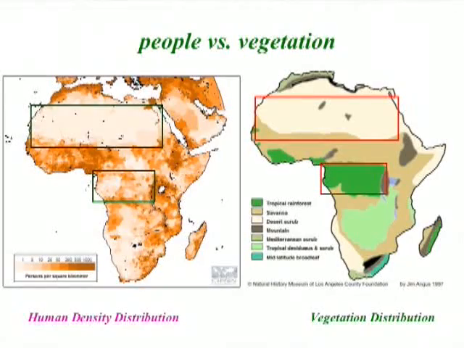In the Sahara, the desert area, which is about 25% of the continent's land, you have a low density of human beings. And if you put the people and the vegetation back to back, you see clearly how there is a correlation or relationship between population density and the vegetation density itself.